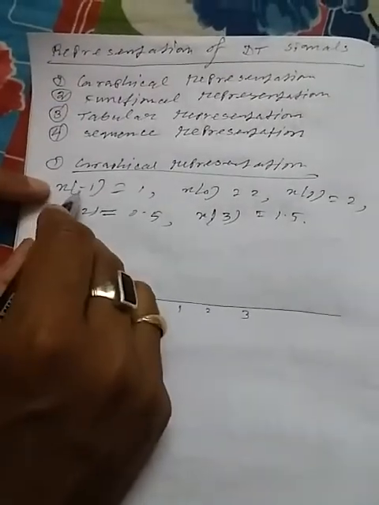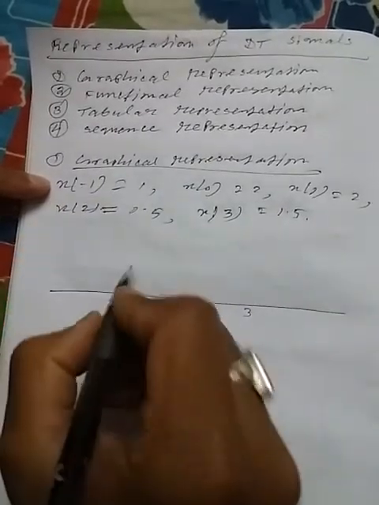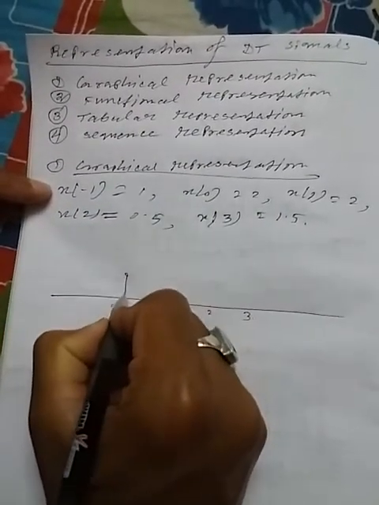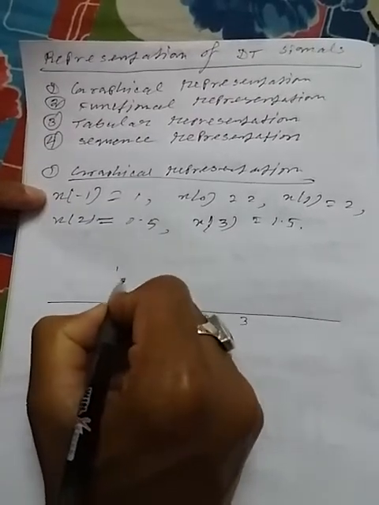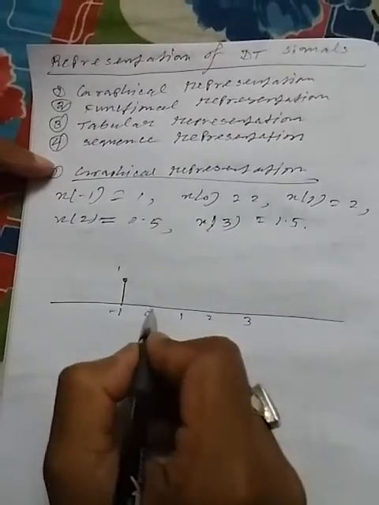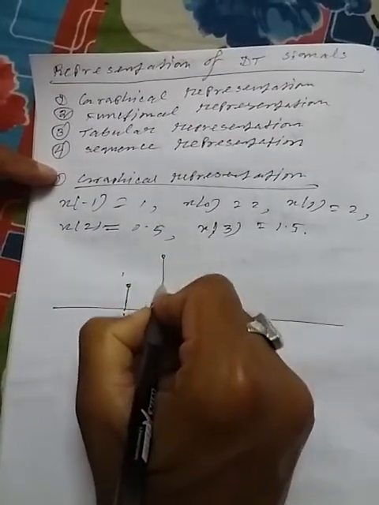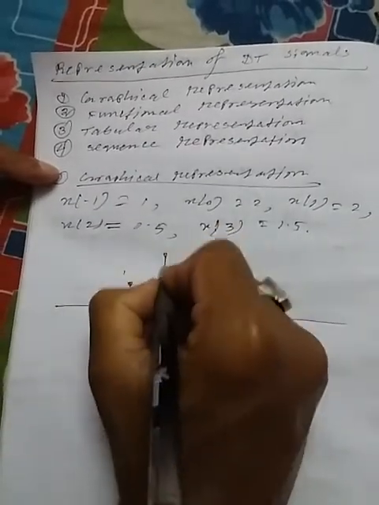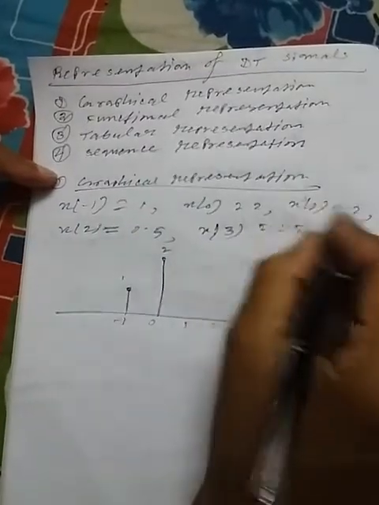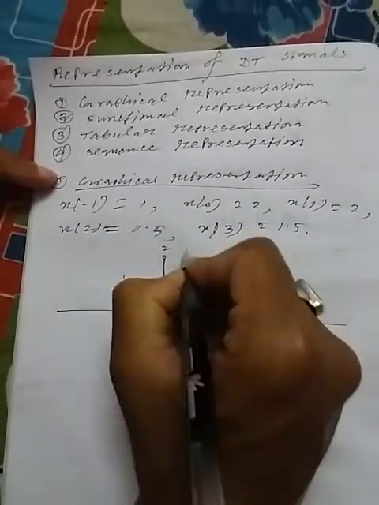At n equal to minus 1, the value of this signal is 1. The amplitude of this signal is 1. At 0, the amplitude is 2. At 1 also it is 2.